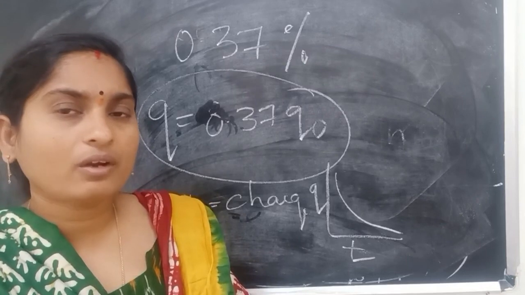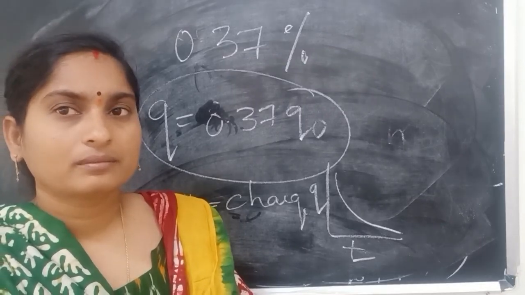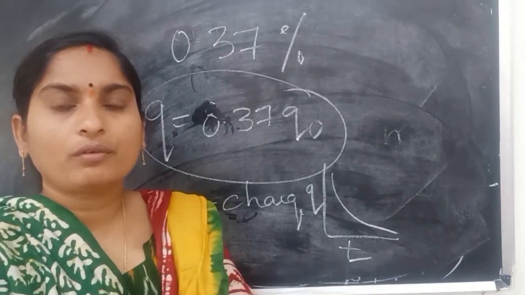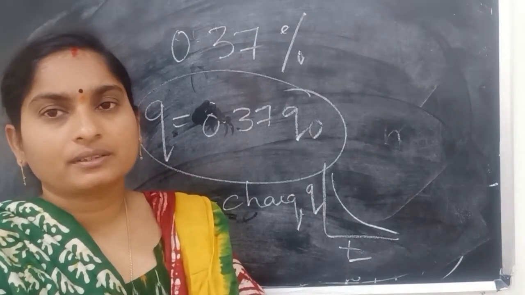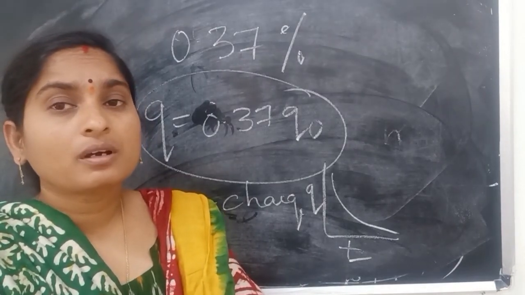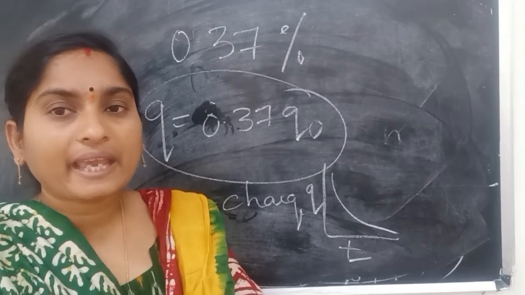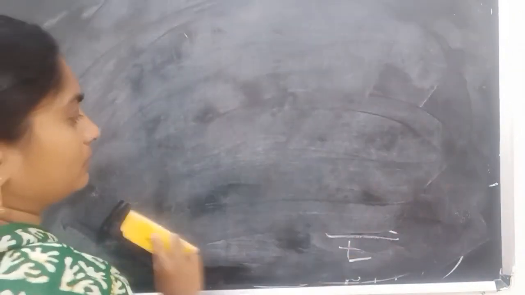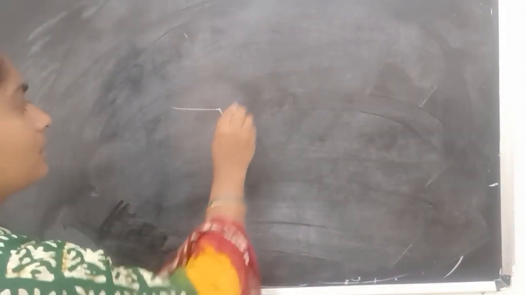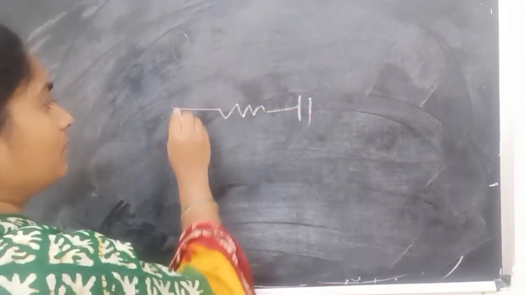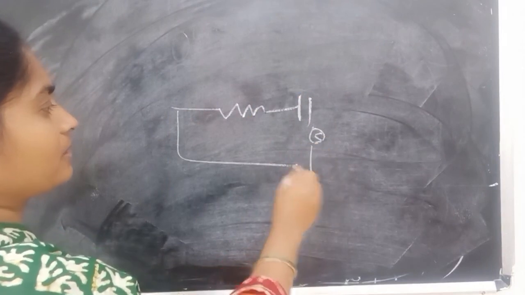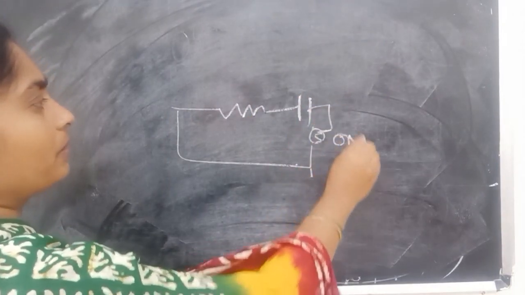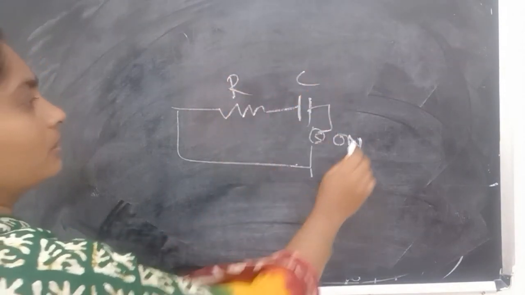The next one is decay of current. How is decay of current calculated? When the switch is removed, that means A and B, as I have shown in the circuit. Charging means here R, C. If I keep switch S on, it becomes RC growth.